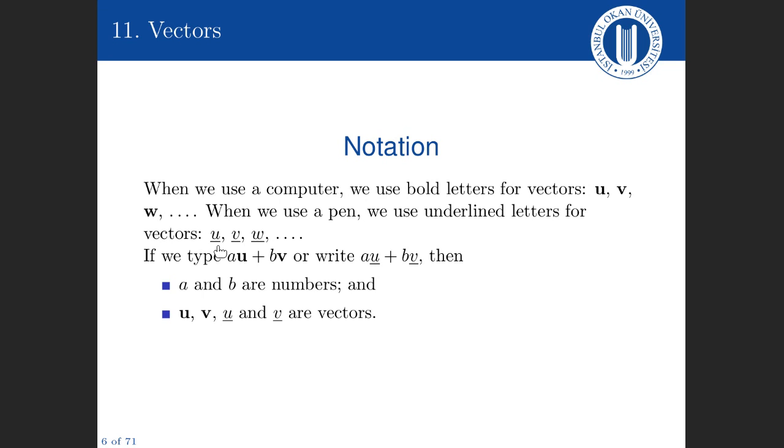For example, underlined U, underlined V, underlined W are vectors. So for example, if I'm using a computer and you see aU plus bV, or if I'm using a pen writing on paper and you see a underlined U plus b underlined V, then a and b are numbers, U and V are vectors.